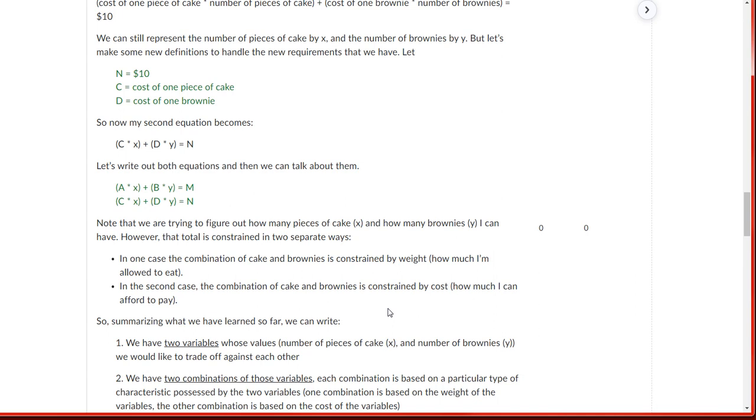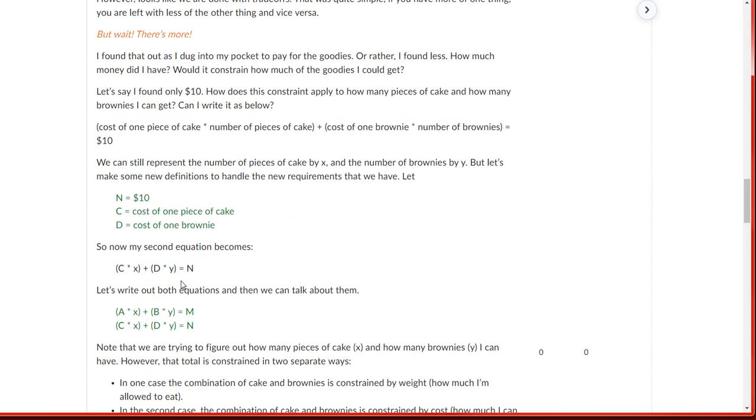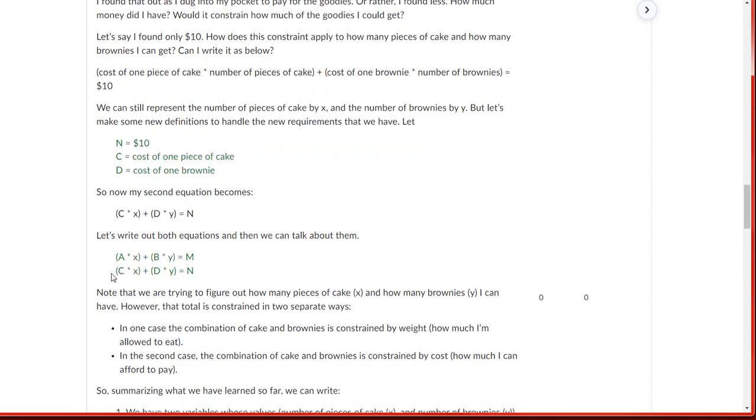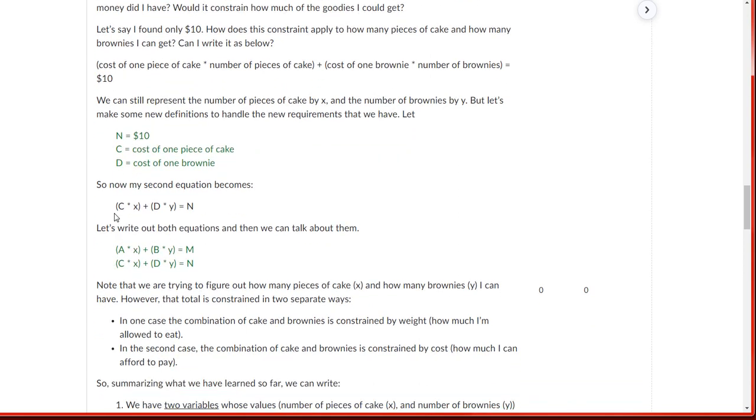You may realize this already, but I want to emphasize it again. The connection, the glue, the piece of magic potion that turns the count of the things into the same type of variable, such as the weight or the cost, are these coefficients, right?